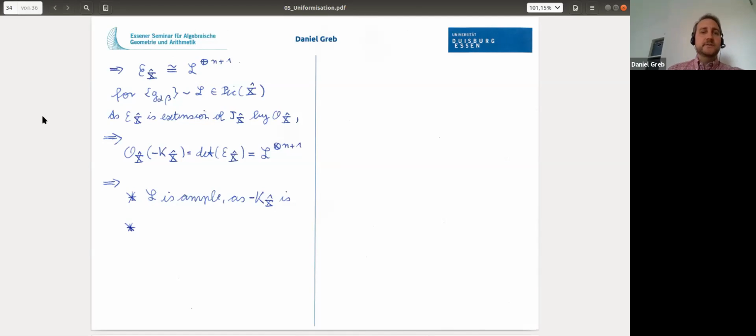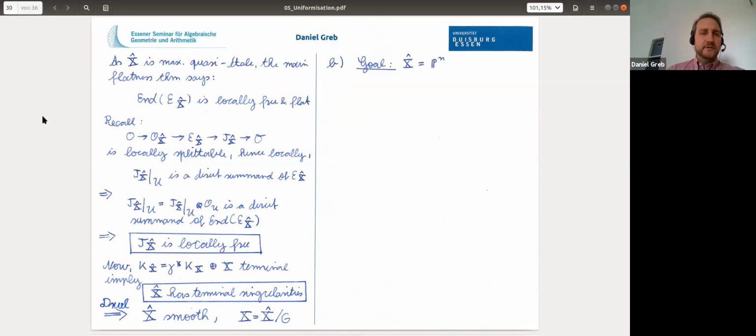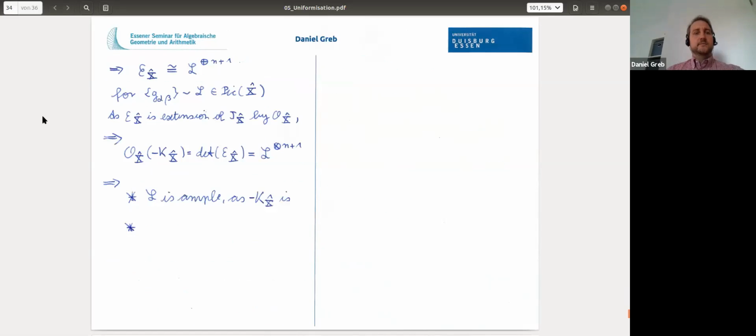If I take the determinant of this exact sequence, I see that the determinant of E of X hat is the determinant of T X hat. That was one of the properties I already used in the formulas, but let me point it out again. So O of minus K X hat is the determinant, but then I also know that E of X hat is this direct sum of L, so the determinant is also L to the n plus first tensor power. So what does this mean?